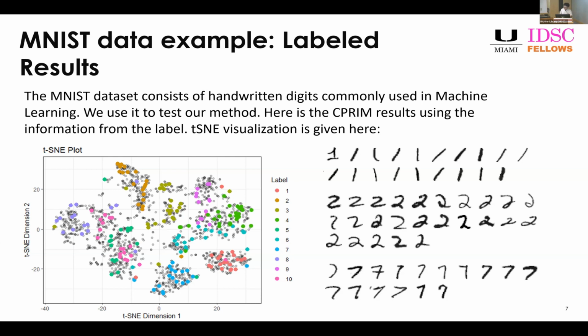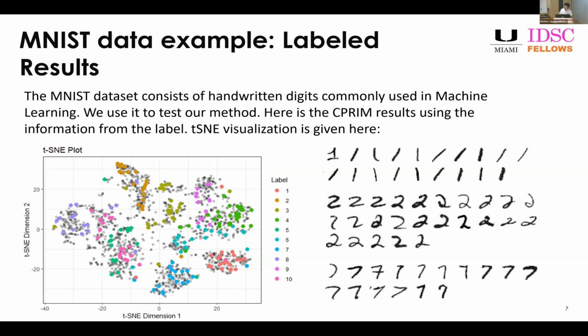It's an information theory based method, and we will see here the colored dots are actually the reduced data set we get in the end. So it's basically doing quite a good job, at least from the t-SNE plot here.